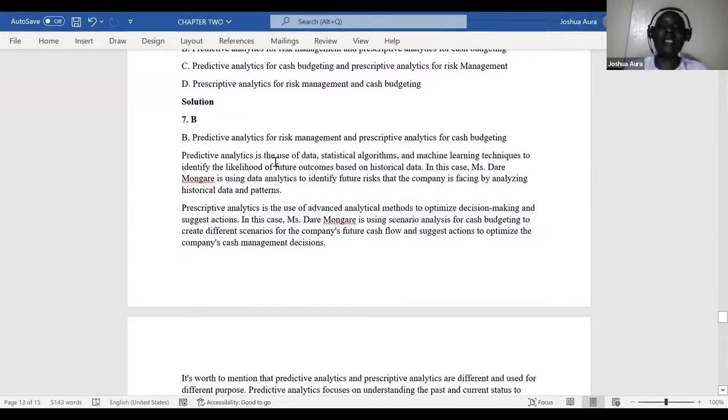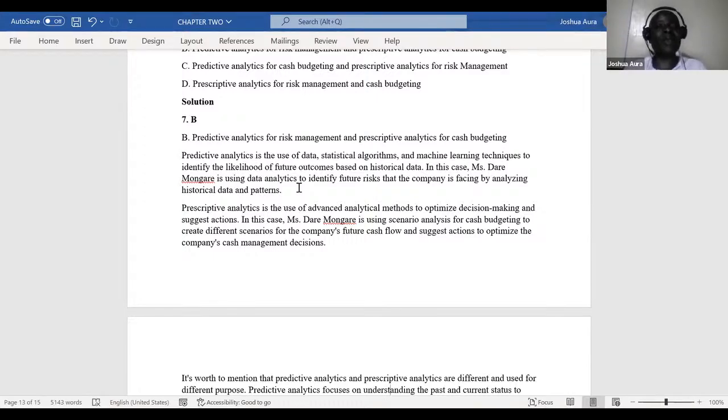Predictive analysis is the use of data, statistical algorithms, and machine learning techniques to identify the likelihood of future outcomes based on historical data. In this case, Ms. Daremongare is using data analytics to identify future risks that the company is facing by analyzing historical data patterns.